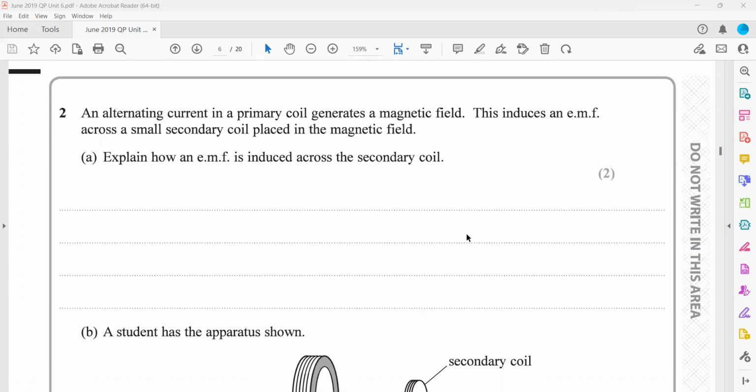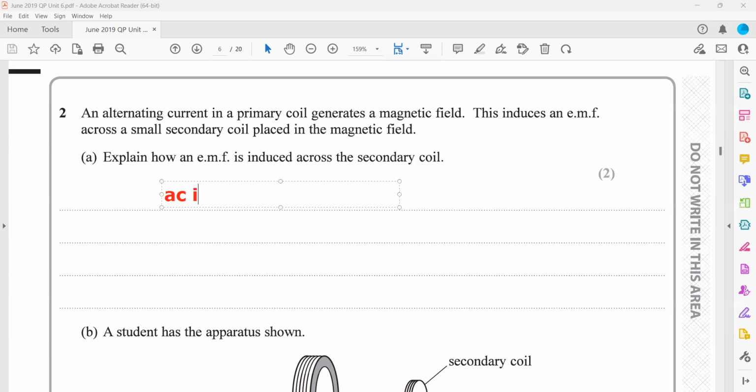AC, alternating current, in the primary coil generates a magnetic field. This induces an EMF across the secondary coil. Explain how EMF is induced across the secondary coil. You have to explain electromagnetic induction: alternating current produces a variable magnetic field, and the change in magnetic flux linkage induces EMF.